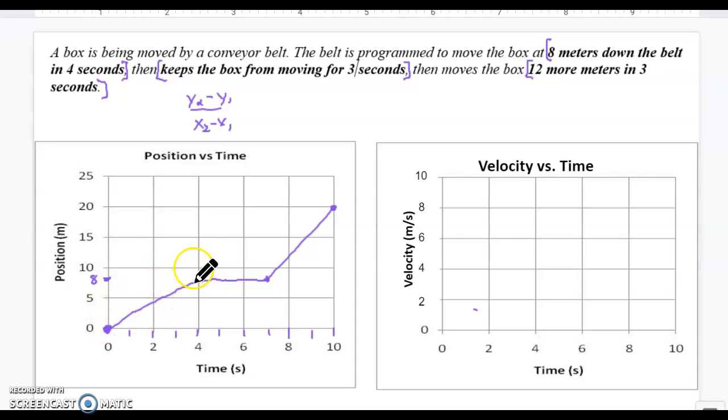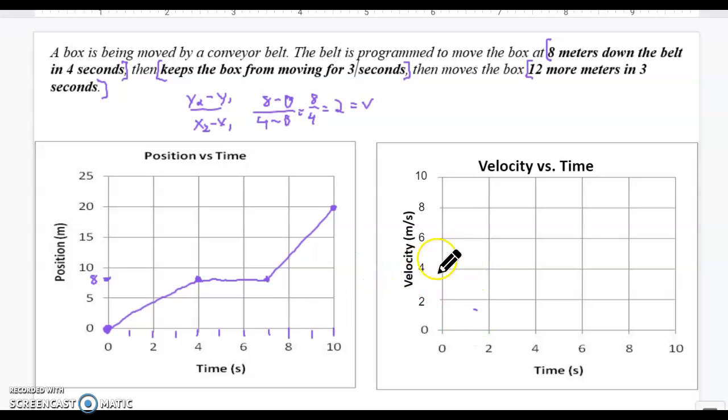So for this first section, it's y2 is 8 minus y1, y-axis, and the first point is at 0, over x2, the second point on the x-axis, it's 4, and minus x1 on the x-axis, it's 0. So you get 8 divided by 4, we get 2. And that's equal to the velocity.